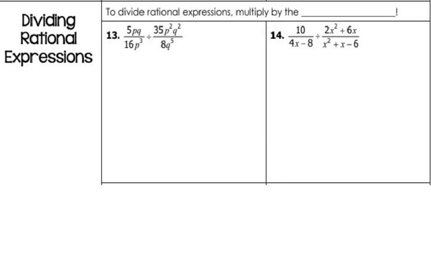Okay, with division, to divide rational expressions, we are going to change this problem into a multiplication problem, and we're going to multiply by the reciprocal.